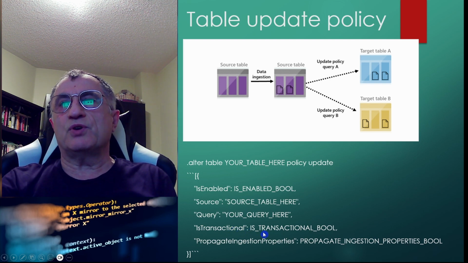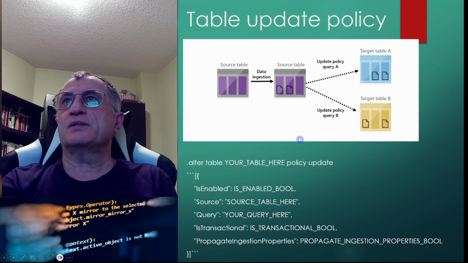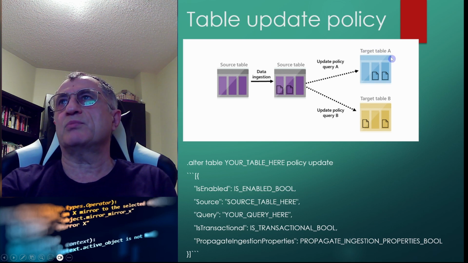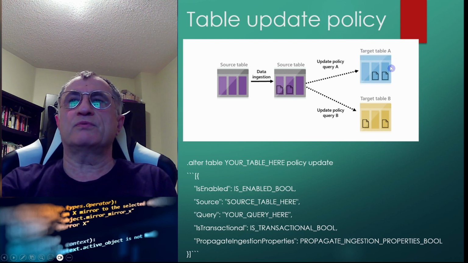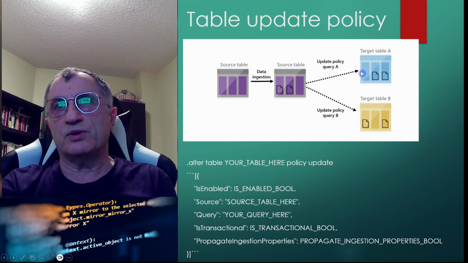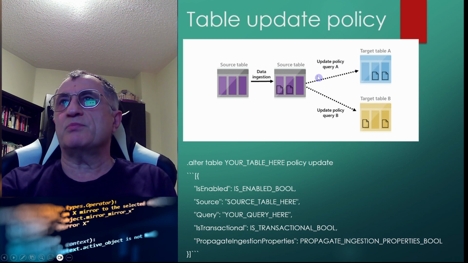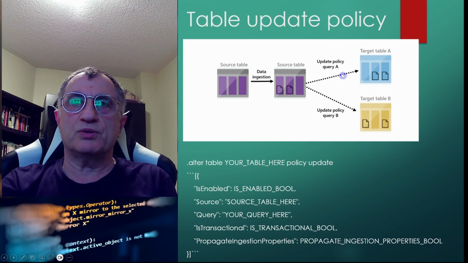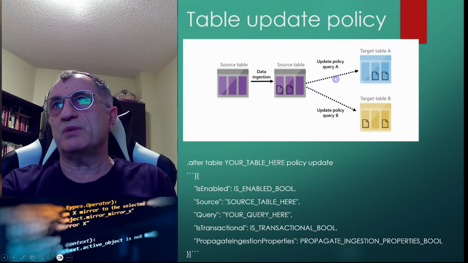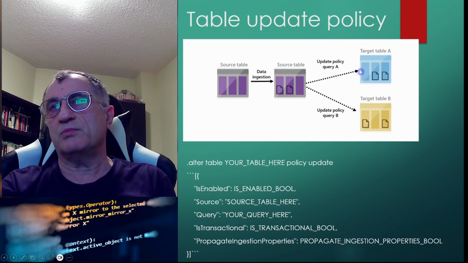It decides what happens if, for whatever reason, the update policy you created for, let's say, this table A doesn't work. So let's say you have some errors there. For some reason, this transformation cannot be performed. For example, the schema from this transformation does not match your target schema, right?